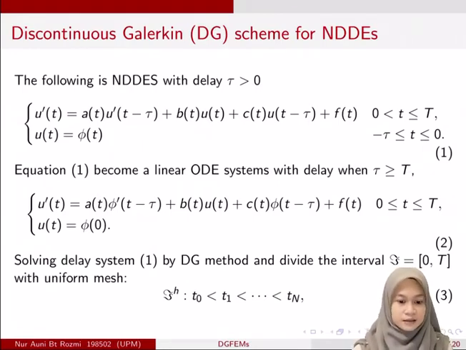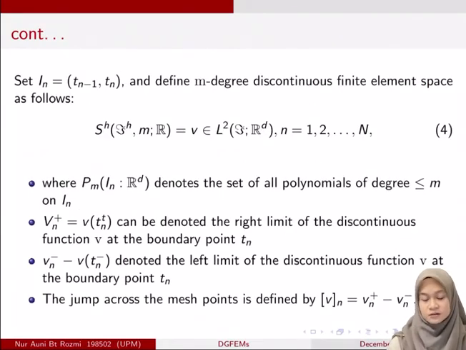And then we will define the m degree discontinuous finite element space that is shown as equation 4, where we can see that Pm(In) denotes the set of all polynomials of degree less than m on the In, and then we can find the right limits of the discontinuous function v at the boundary points Tn.